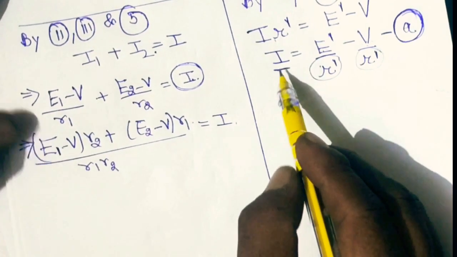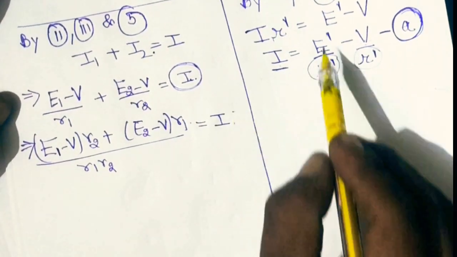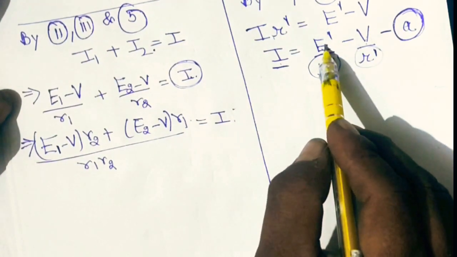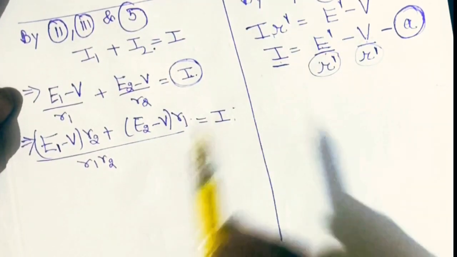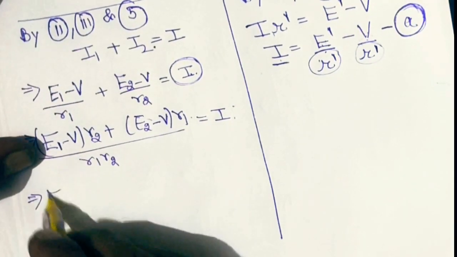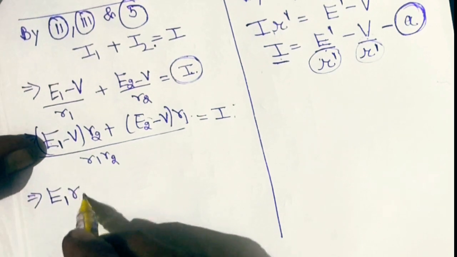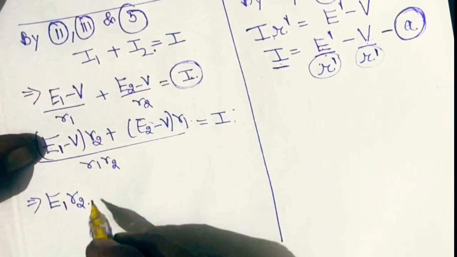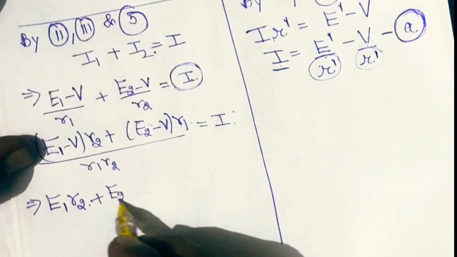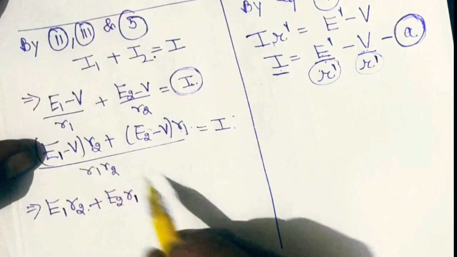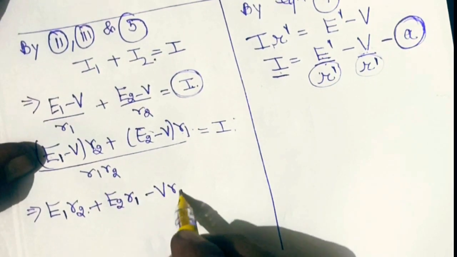Now I am still not able to compare these two equations, because I want to isolate V and EMF. So let's isolate V first. E1 R2 I will write here, E2 R1 I will write here. Now what is the term of V here? Minus V R2.